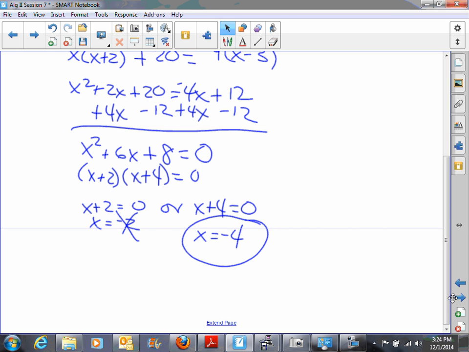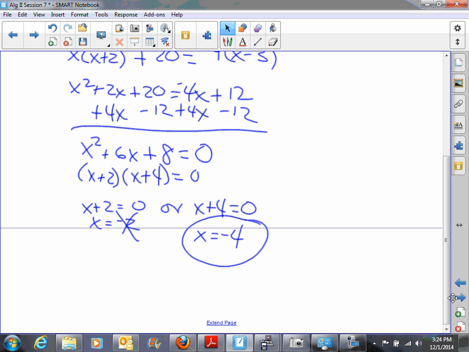So as you're solving these, that's the procedure that you use, and don't forget to check to make sure that you don't have any extraneous solutions. Now, as a little piece of advice, if you were doing a problem in the real world, there's probably not a great chance that you're going to get an extraneous solution for a rational equation like this.